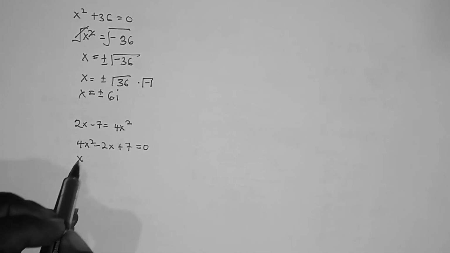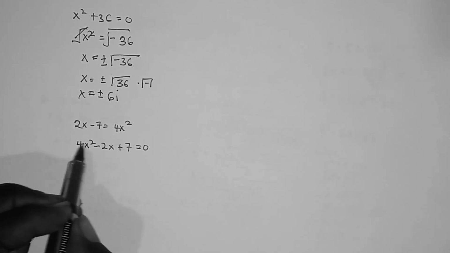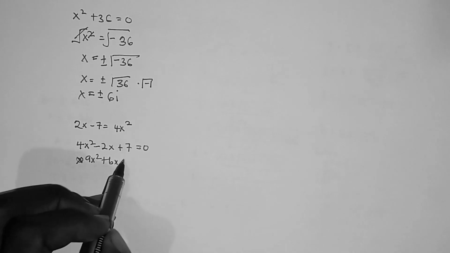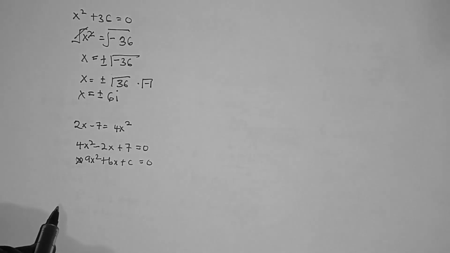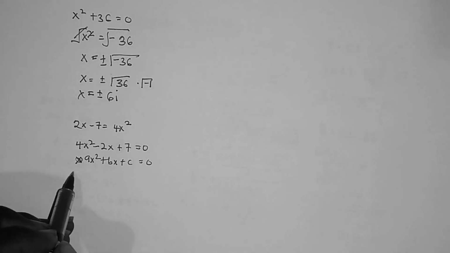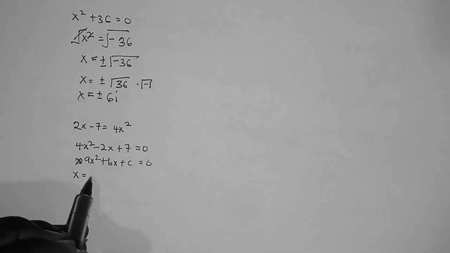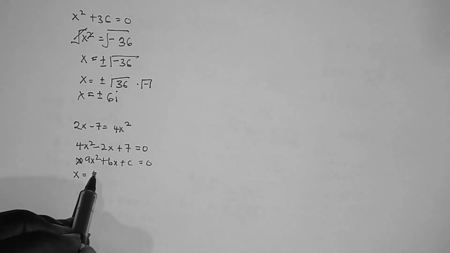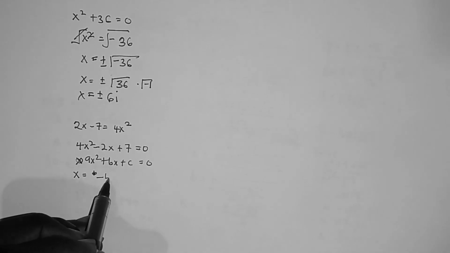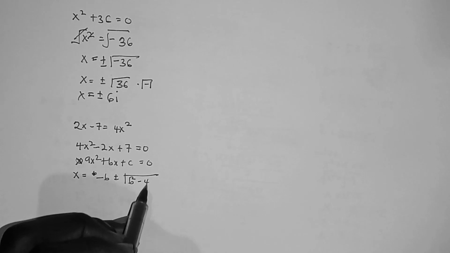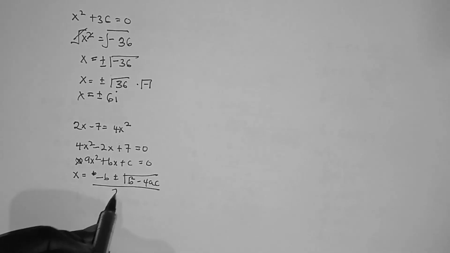So we need to use the quadratic formula because you can see that this equation is of the form ax squared plus bx plus c is equal to 0. So x is equal to minus b plus or minus square root of b squared minus 4ac, all divided by 2a.